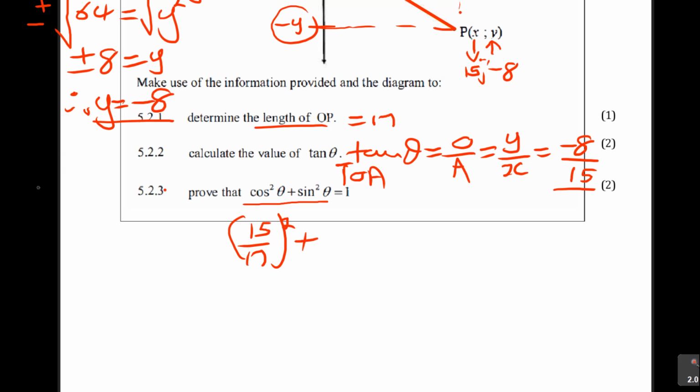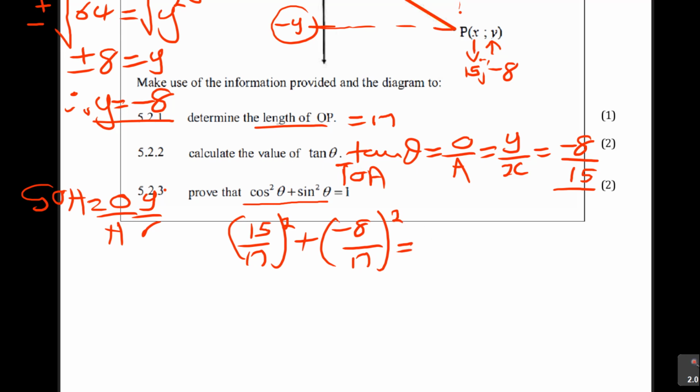What is sine? Remember, it's opposite over hypotenuse, which is y over r. So what is my y? We just did it, minus 8 over r squared. Let's do that. That's how you check it.